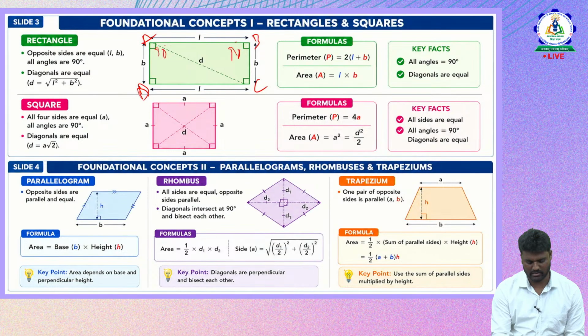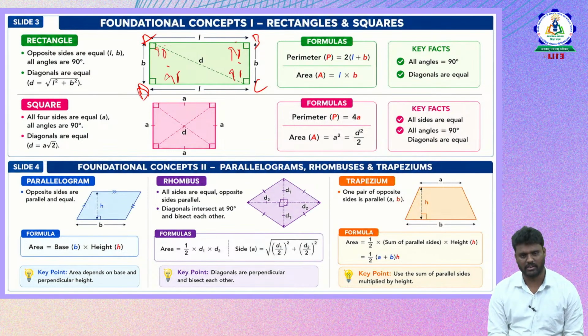Diagonals are also equal, where D is equal to square root of L square plus B square.